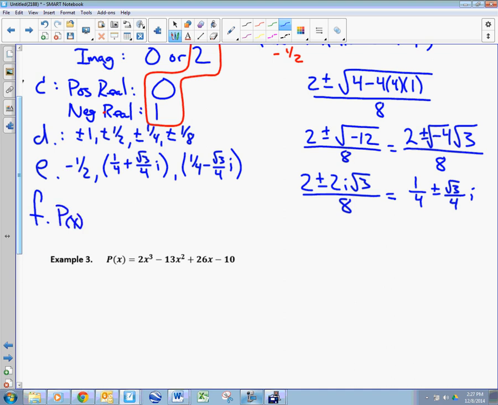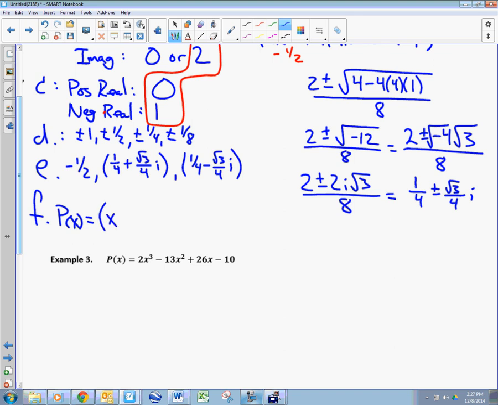P of x would then be equal to, I'm just doing it to try to tie everything else in because the next examples we do, we will actually use the factorization to build up.